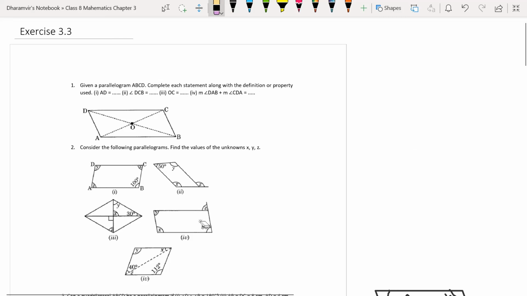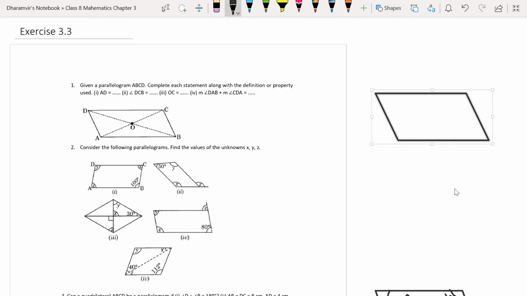Third is also a parallelogram. Make it, this is the parallelogram. Like this. Okay.